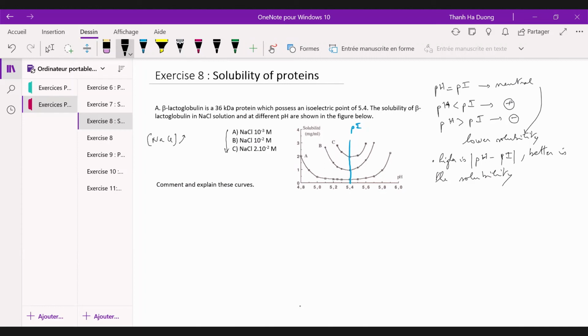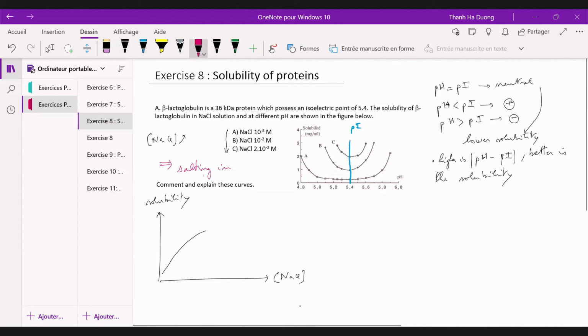You make what we call the salting in. If you remember the curve, it's the solubility against the concentration of salt. You have at the beginning what we call the salting in.